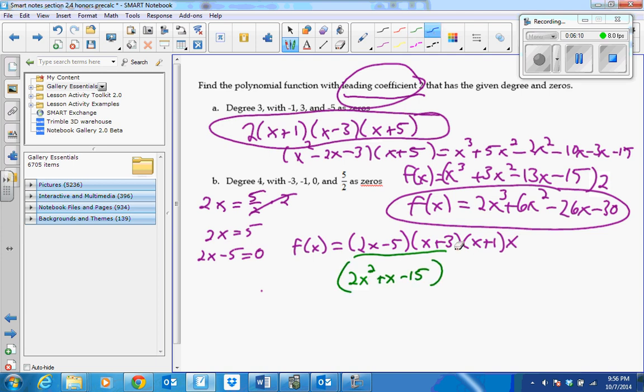And now I'm going to put these two terms together, so that's going to be x squared plus x. And now I'm going to multiply the green times the blue. So I'm going to get 2x to the 4th plus 2x cubed plus x cubed plus x squared minus 15x squared minus 15x.